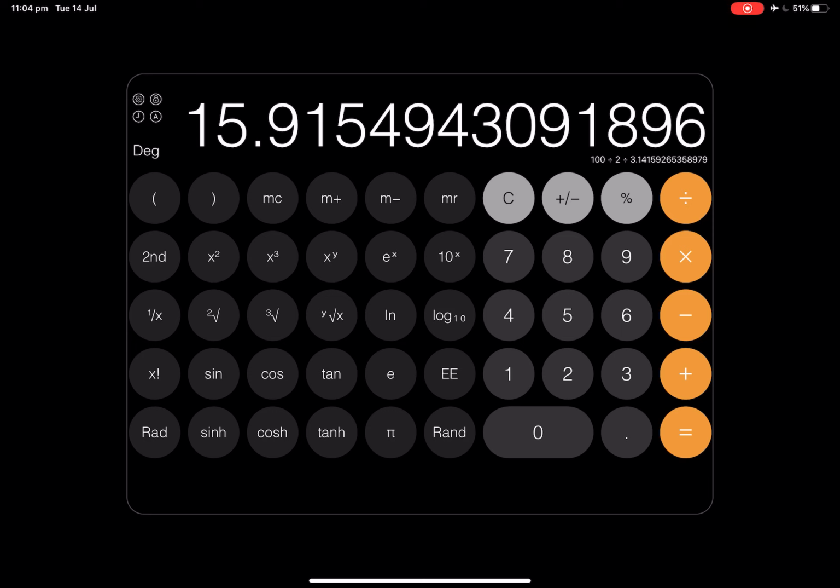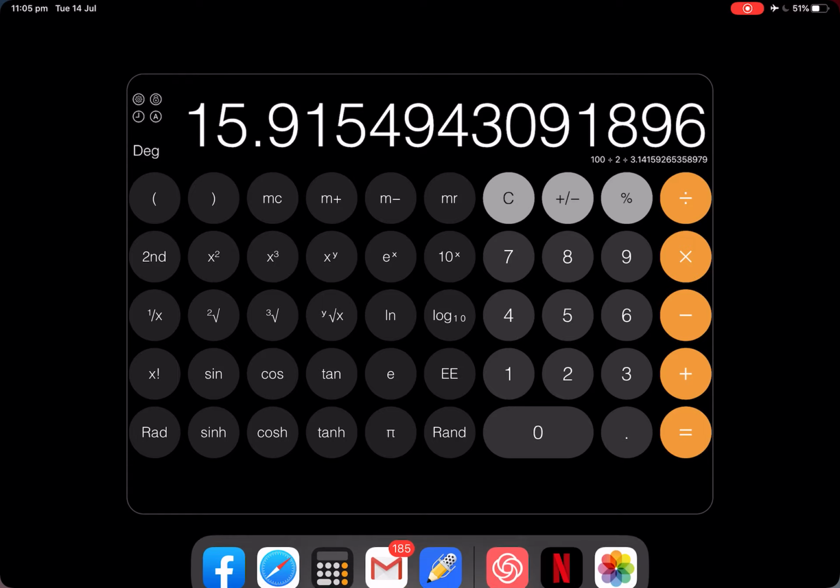Instead of the 15.915, you'd get 15.923, which if I was an assessor and it asked for 3 decimal places, I would be marking you wrong. So remember to use your pi button and not just substitute using 3.14.